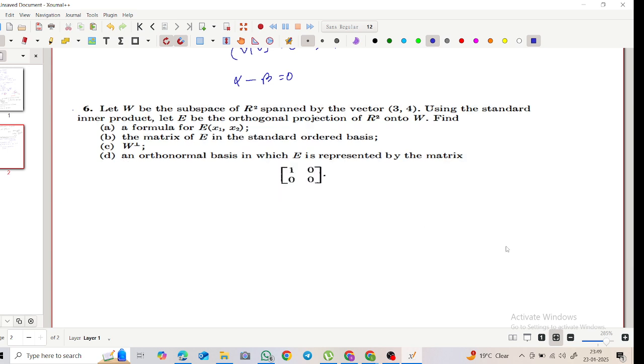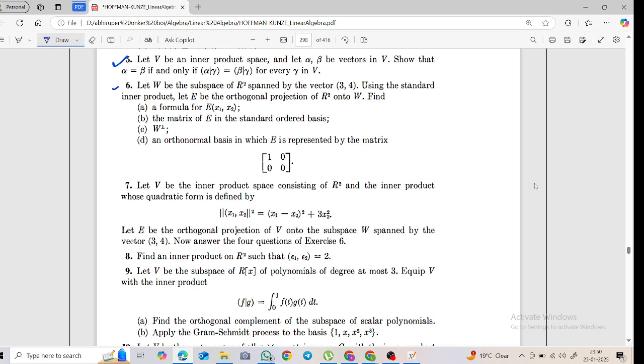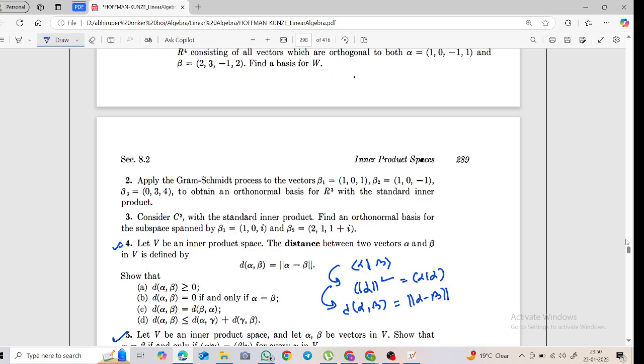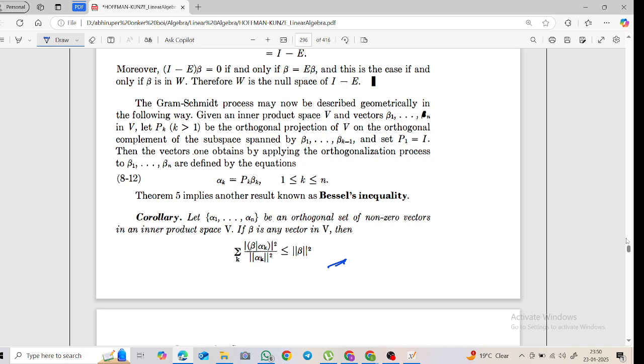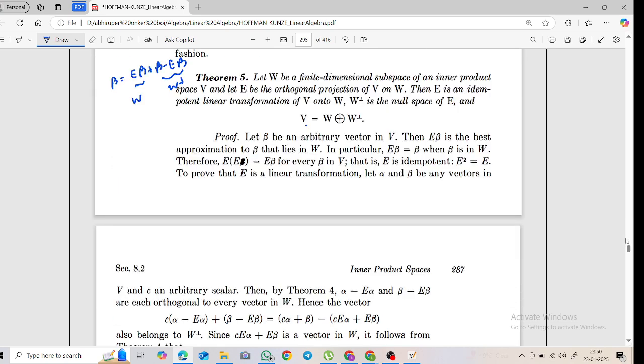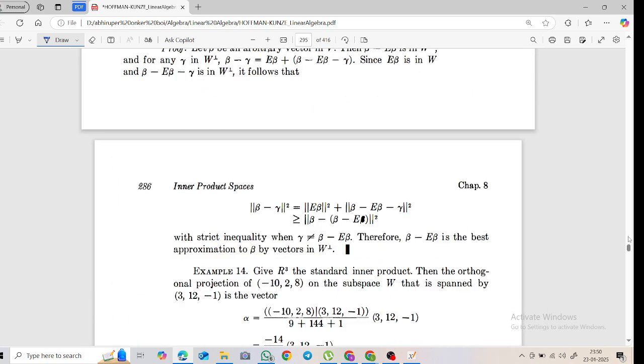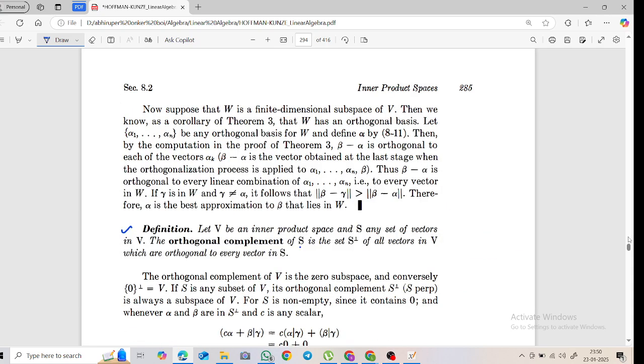So first let us define a formula for E(x1, x2). As far as I recall, there was a formula given here, right? There was a formula for alpha given.